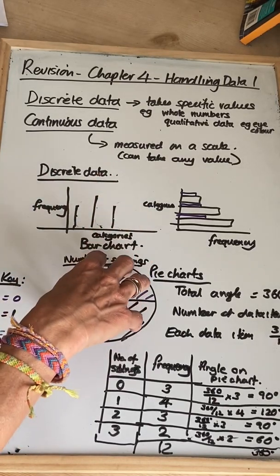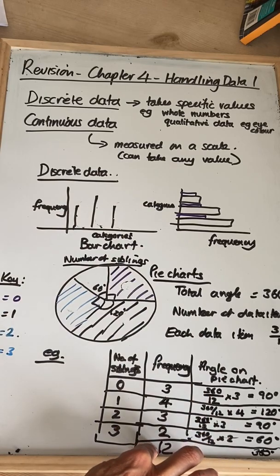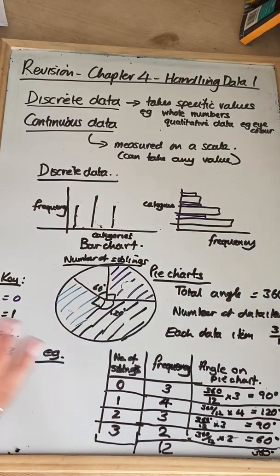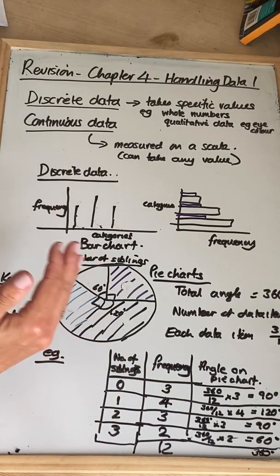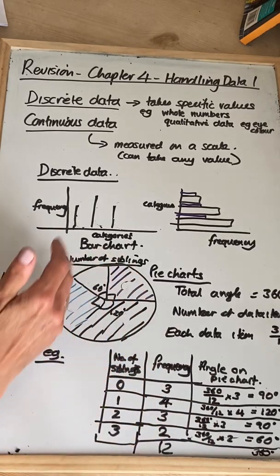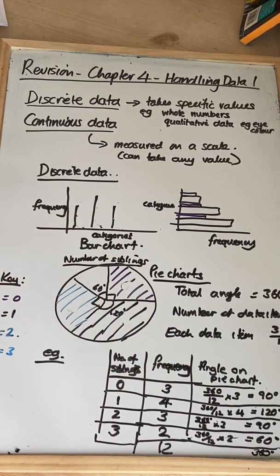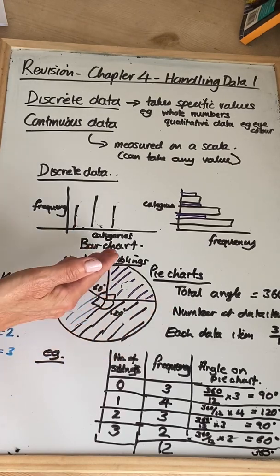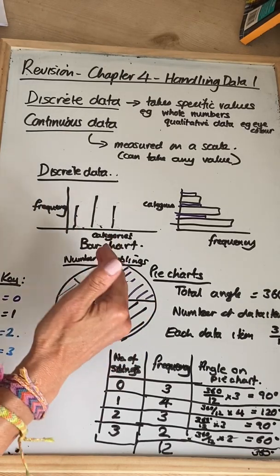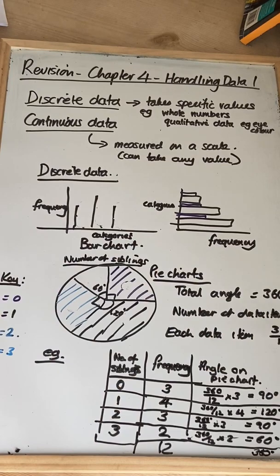And if this pie chart just represents 12 children and the other pie chart represents 32 children, then clearly you've got to look at the data in the table to know what the frequencies are. You can say what the proportions are. You could say that the proportion of children in both classes is a quarter, say, with no siblings, but because there are different numbers of children in each class, obviously that's going to be a different number. Yeah, so they might try and catch you out with a question like that.